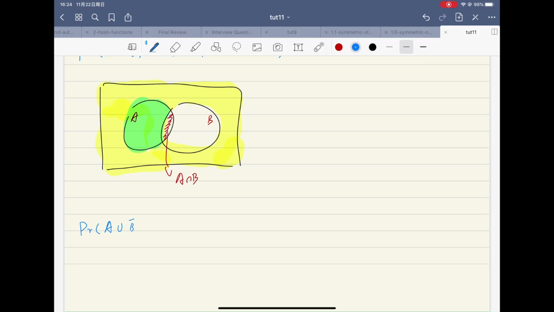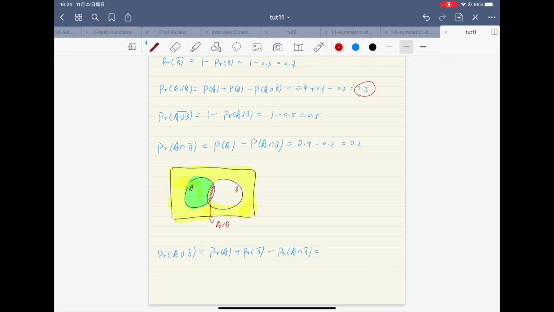The probability of A union complement of B equals the probability of A plus the probability of complement of B minus the probability of A intersect complement of B. The probability of A intersect complement of B is just 0.2.